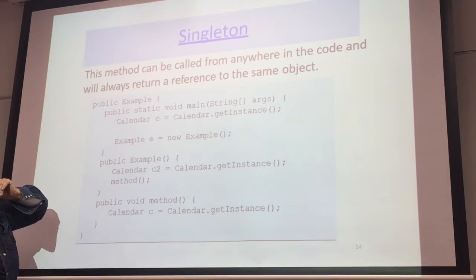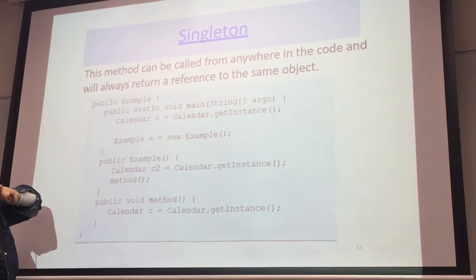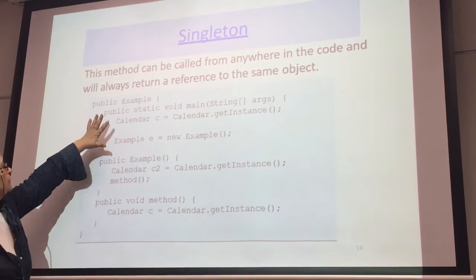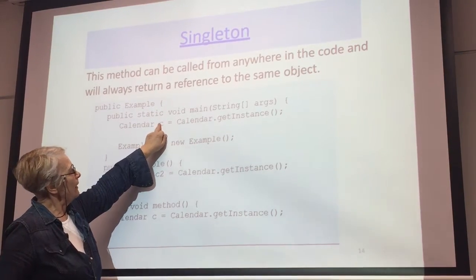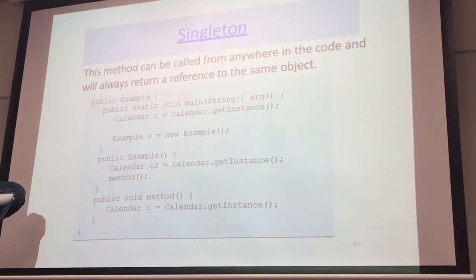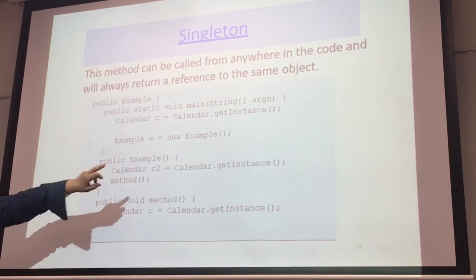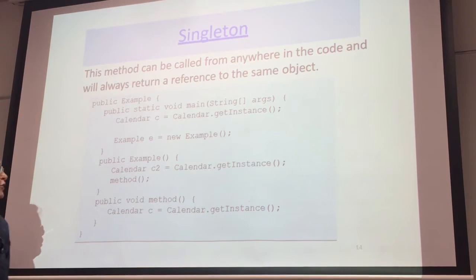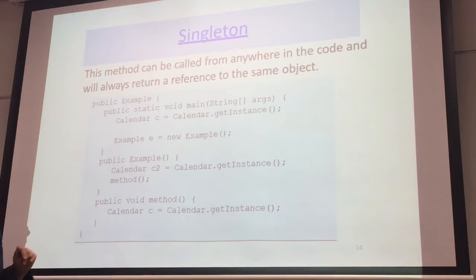So here is how we use our type. We have a class called Example, and this is the entry point. We construct a calendar from getInstance. The constructor C2 getInstance is called again and some method, whatever.